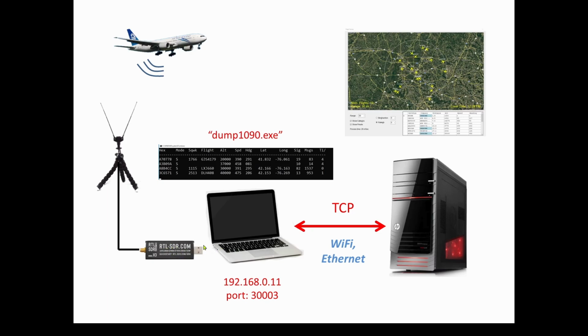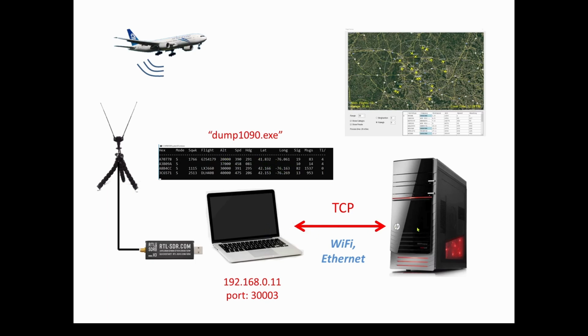You just plug it into your computer and you can write some software that will decode all of these signals coming from the aircraft in the area, and it will print out a list of the different aircraft and their information about the altitude, speed, heading, location.